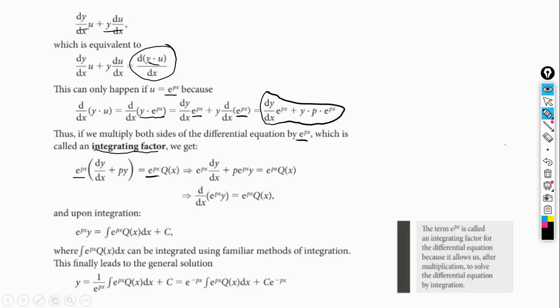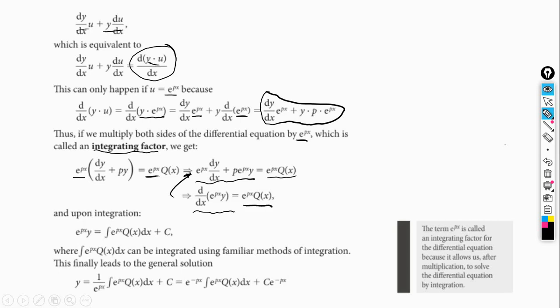So from here, we're going to get this expression on the left-hand side, e to the power of px derivative of y plus p times e to the power of px times y is equal to e to the power of px times q. And then this is just going to be the derivative of e to the power of px times y, right? Because this is the product rule. And then this would equal, again, e to the power of px times q of x.